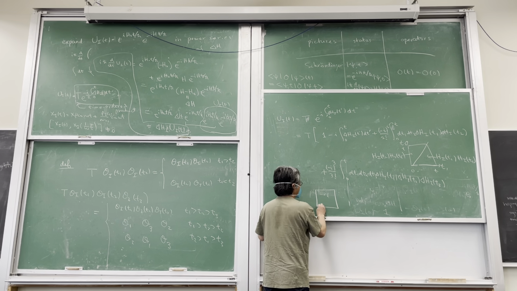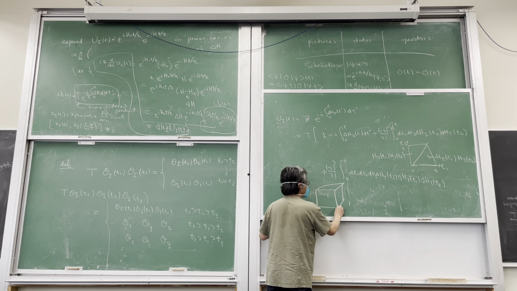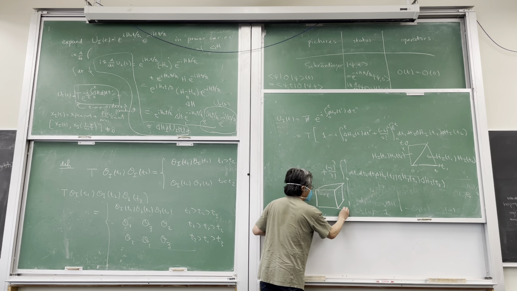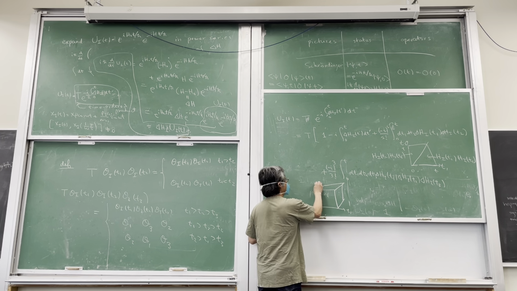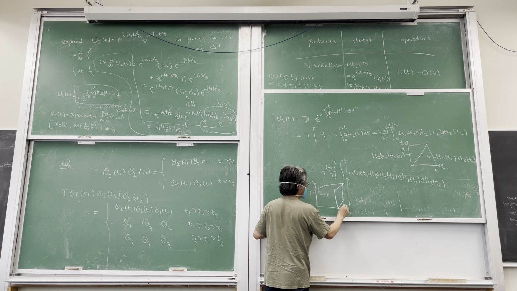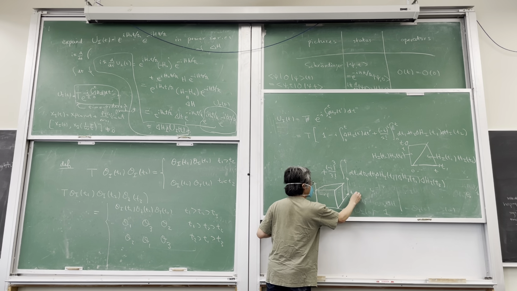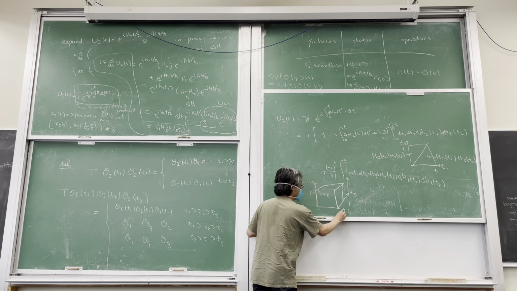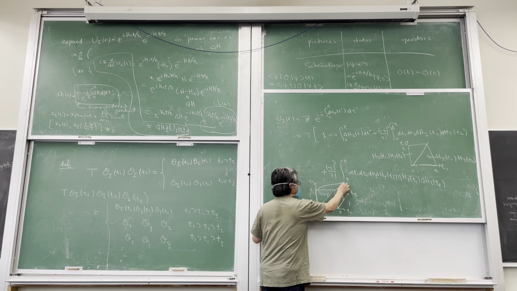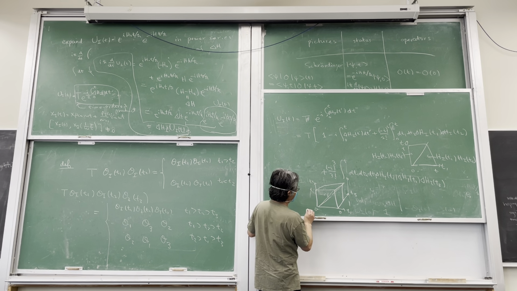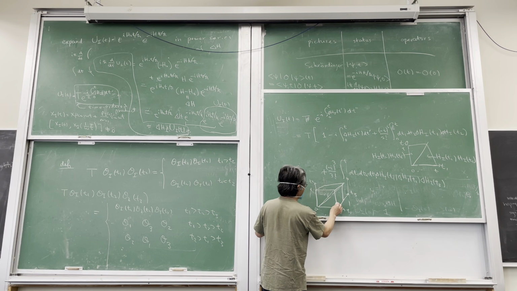And what that means is that now you are doing the integral over this cube of t1, t2, and t3 from 0 to t. And I'm not sure I can do this very well. You divide this into tetrahedra.